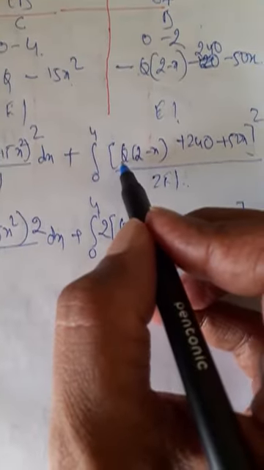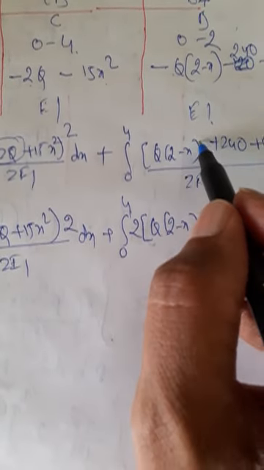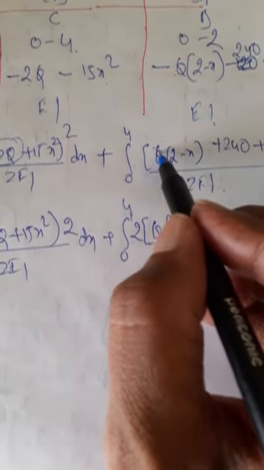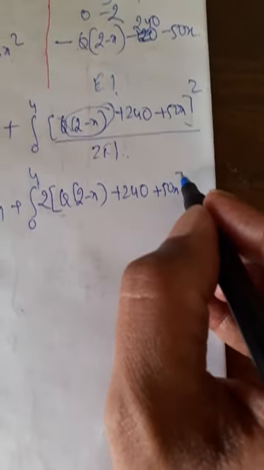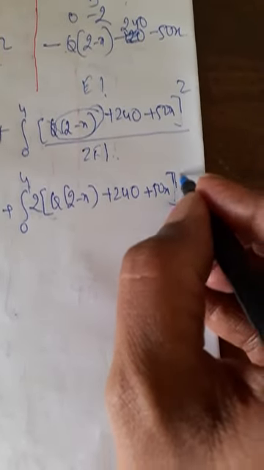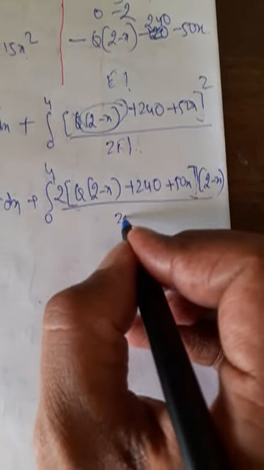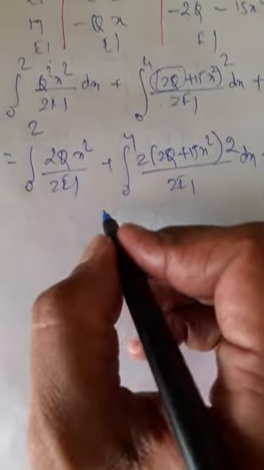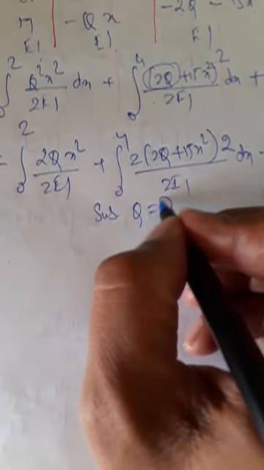Now differentiation with respect to Q: d by dQ of Q into 2 minus x, so only 2 minus x remains, divided by 2EI. Now since there is a dummy load, substitute Q equal to 0.